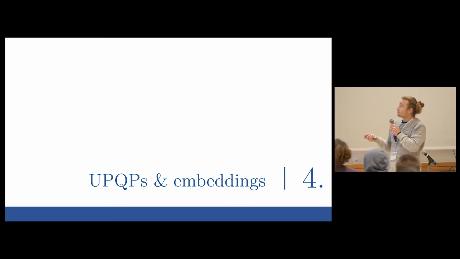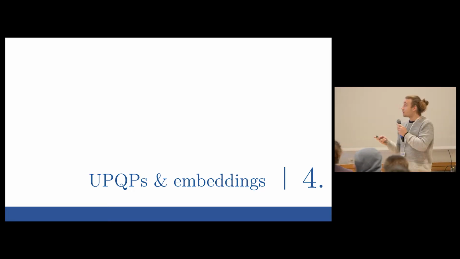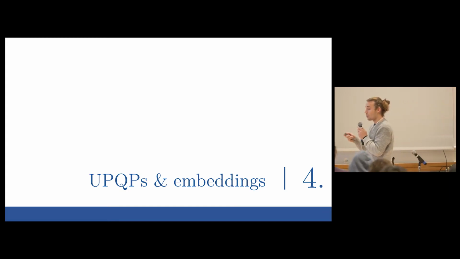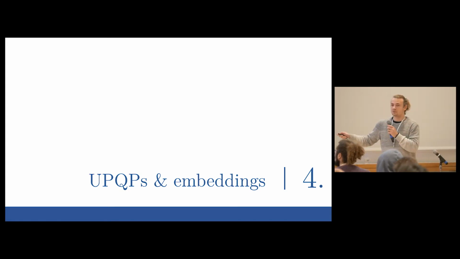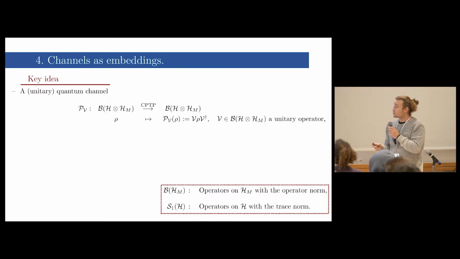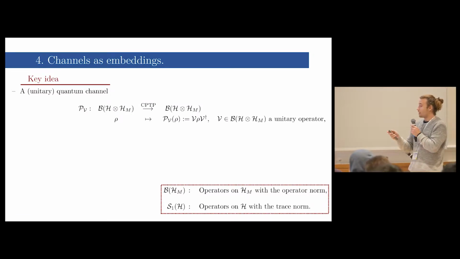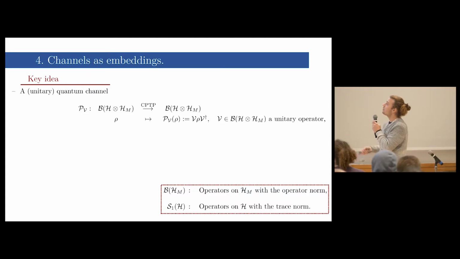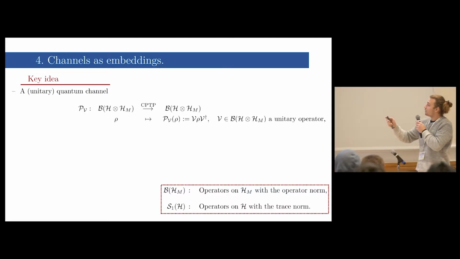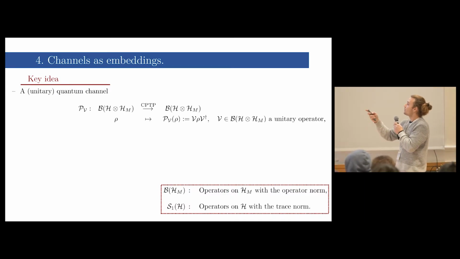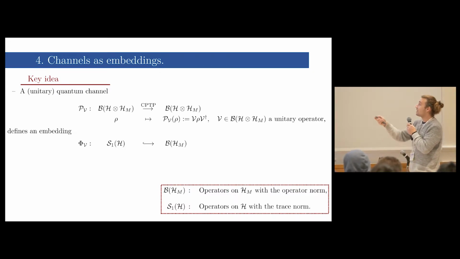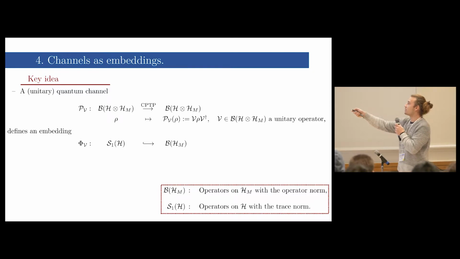The key ingredient in our proofs is understanding these objects, epsilon UPQPs, as embeddings between some linear spaces which inherit some properties from the property of a channel being UPQP. So let's first think about an arbitrary unitary channel acting on a composite Hilbert system. What we do is put any of these channels in correspondence with a linear embedding between these two spaces.